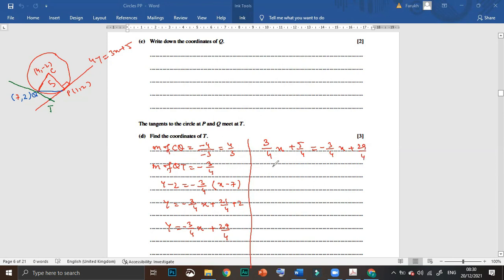This one is 6 over 4 x is equal to 24 over 4. x is equal to 4. And the point y is, 4y is equal to 3 into 4 plus 5, 17 over 4. So the coordinates of the point T are (4, 17 over 4).